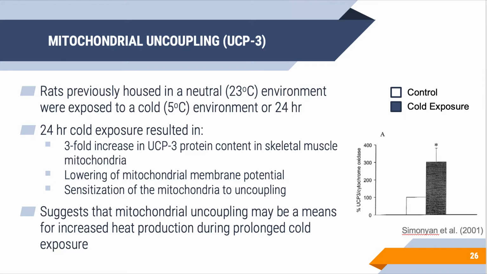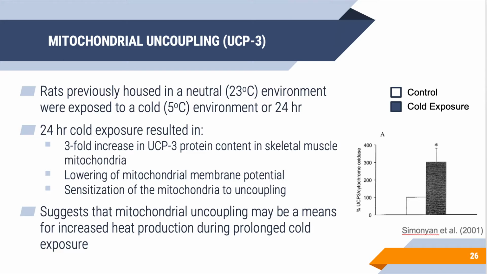So what this study did was now shifting towards non-shivering thermogenesis. We see rats previously housed in a neutral environment were now taken and exposed to a cold 5 degrees C environment for 24 hours. And what happened was the 24-hour cold exposure resulted in basically a threefold increase in uncoupling protein content in skeletal muscle. So that's what that figure on the right is, just showing you in the black bars that cold exposure results in this dramatic rise in UCP3 protein content.